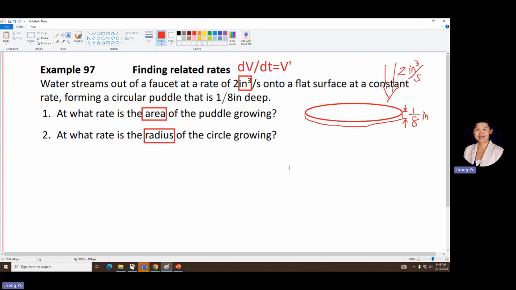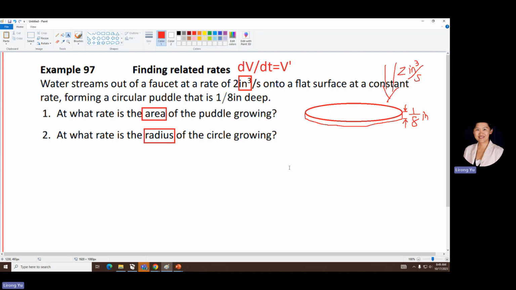Because of the per second, I know that 2 is not a volume, it is a derivative of the volume. So through this question, you have to keep in mind that the units carry a lot of information. There's an inch for the depth of the water, so we are using inch for any distance relation in the question. We're using second for the time relation.